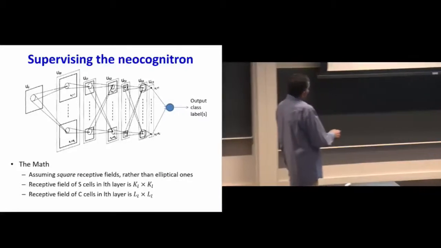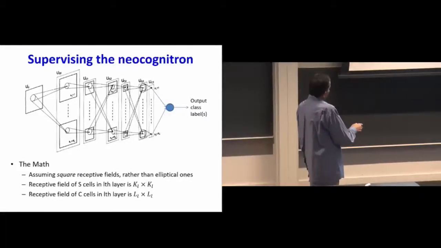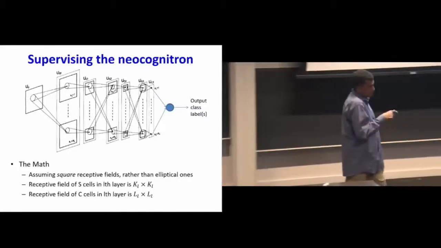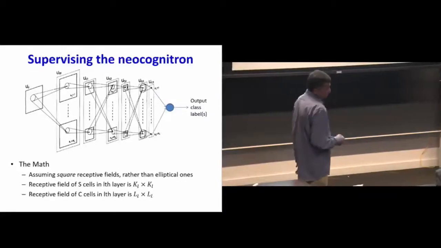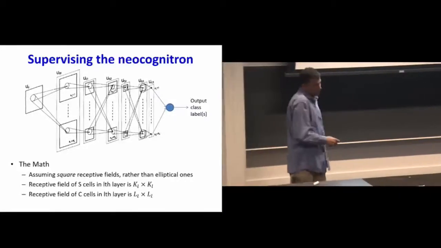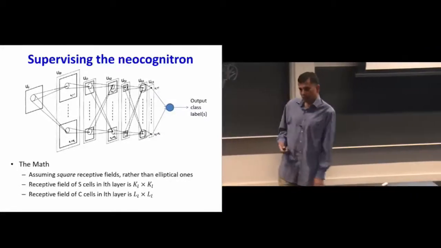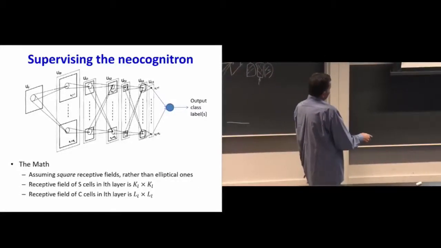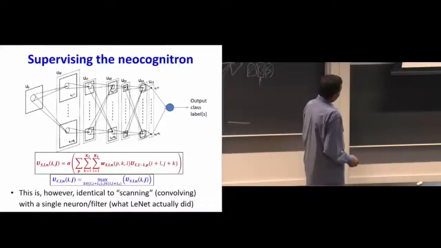All of the cells in this plane have exactly the same response. So in math, if I assume that the receptive fields of each of these cells is square rather than elliptical. Now in Fukushima's model, they were elliptical, but it's easier to do this with square or rectangular responses. Then let's say the receptive field of any S cell is some K_L cross K_L, and for a C cell it's another square.